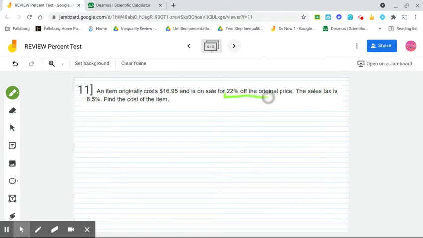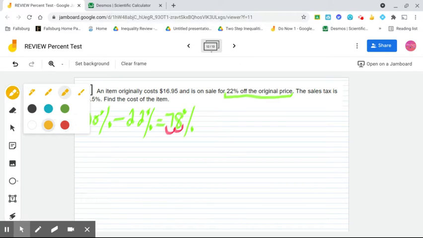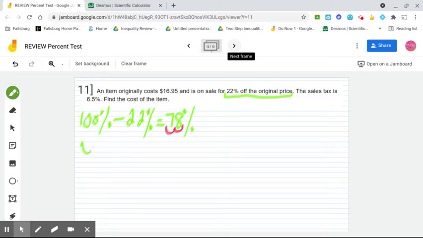So let's focus on this 22% off. So we do 100% minus 22%. This is going to give us 78%. So we always want to change this to a decimal. So we have X equals 0.78 times our original price of $16.95.